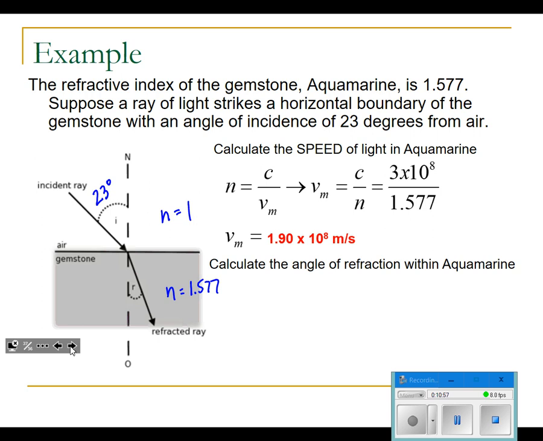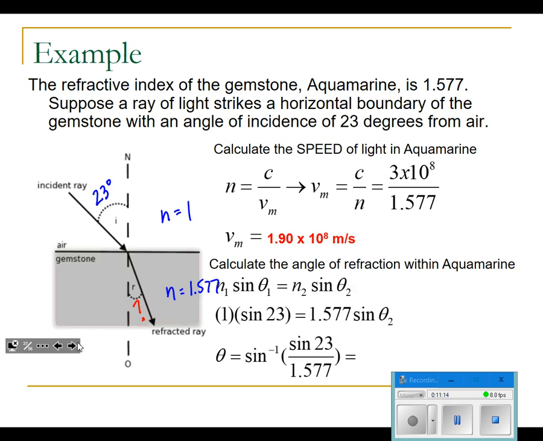Okay, so then the second question that I want to ask is, what is the angle of refraction within the aquamarine? So now I'm trying to find this particular value right here. And so now I'll use Snell's law to do that, because then I can do n1 sine theta 1 equals n2 sine theta 2. Well, I know my air is 1, and that angle is 23 degrees.